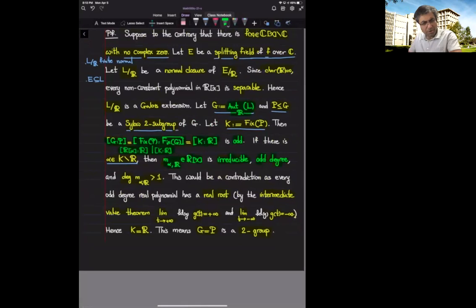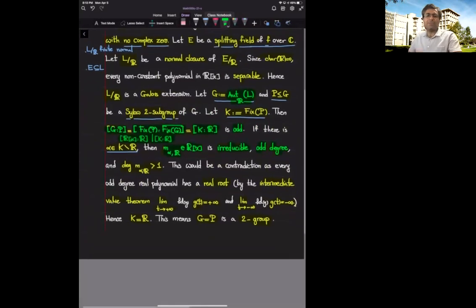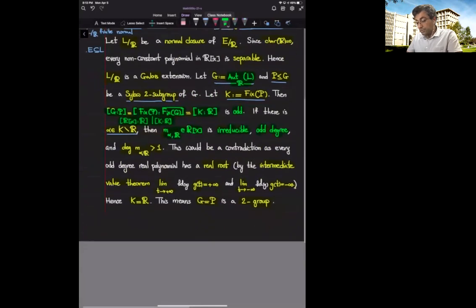We have argued this actually in the previous course, where we said that every odd degree real polynomial has a real root. Let's quickly go over that argument.